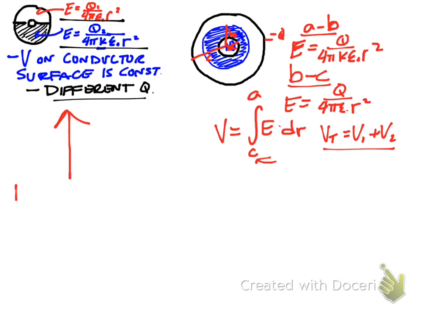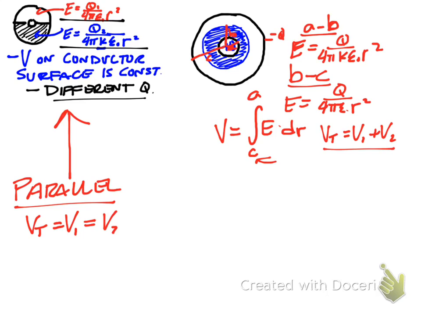That is a set of capacitors in parallel. When capacitors are in parallel, the voltage is going to be equal all the way across. Now, we also saw that the total charge was different.